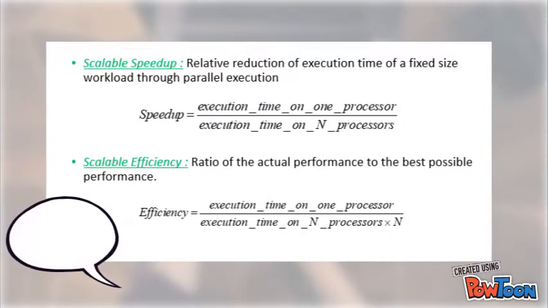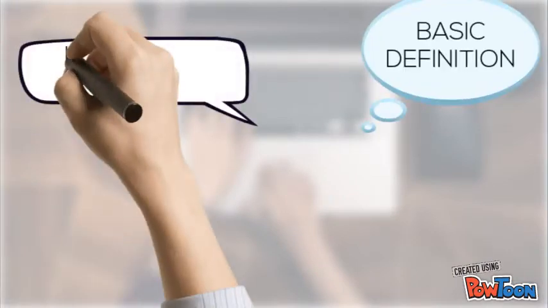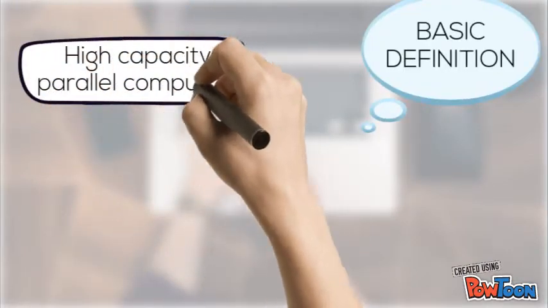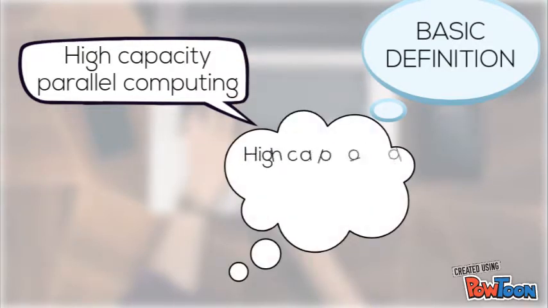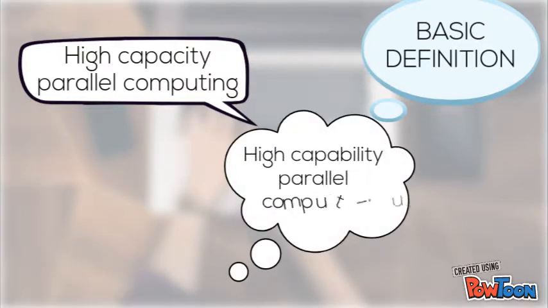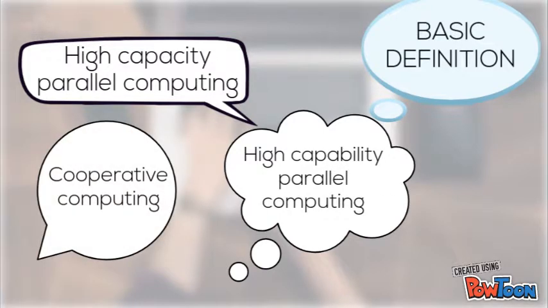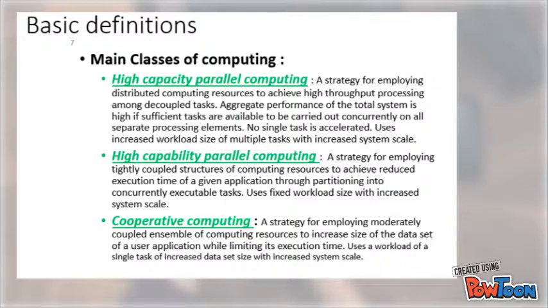This is the formula for scalable speedup, which is execution time on one processor divided by execution time on n processors. The basic definition has 3 main classes of computing: high capacity parallel computing, high capability parallel computing, and cooperative computing.